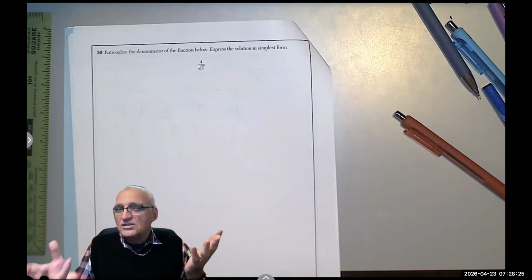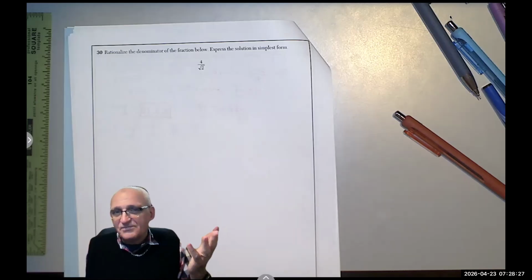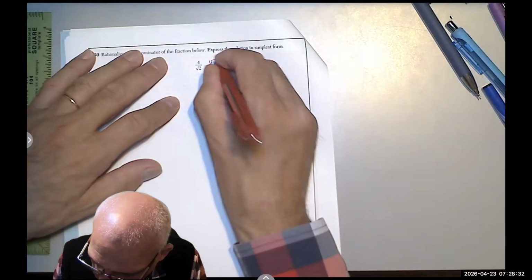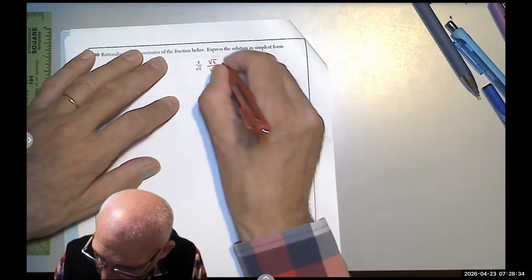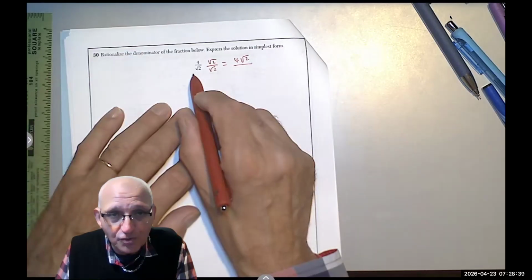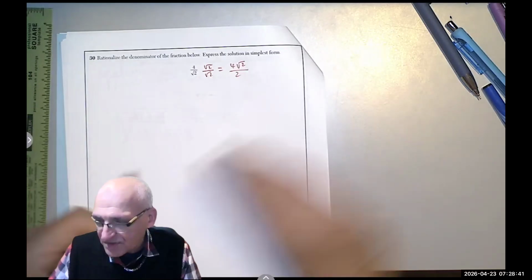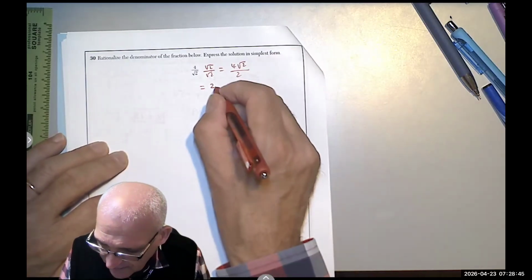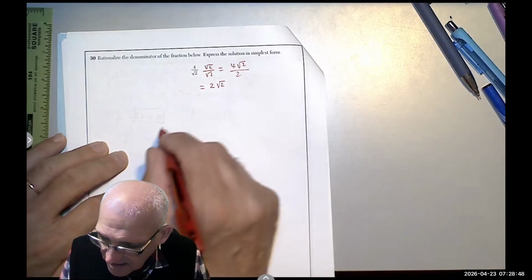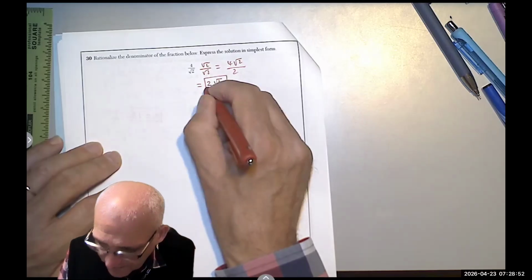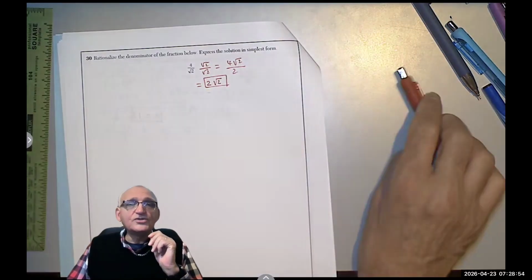But since there is no constant term, there is no plus or minus something, it's just root 2. So I'm going to say root 2 over root 2. So the numerator becomes 4 root 2. The denominator is 2. Root 2 times root 2 is 2. Notice you can still simplify because 4 over 2 equals 2. So the final answer is 2 root 2. That's the simplest form. And that concludes the second portion of the test.